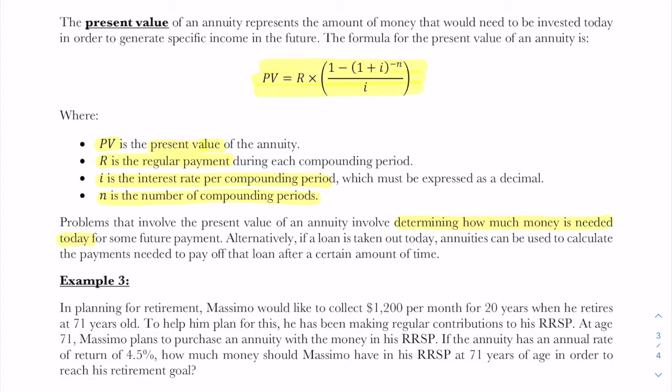So usually they involve saving money today in order to receive payments in the future, exactly like what an RRSP does, which we'll look at in the next example. Alternatively, let's say you need money today, for example, a mortgage. Present value annuities involve taking out a loan today and then you making payments to pay it off over a fixed period of time. Both of these will be looked at next.